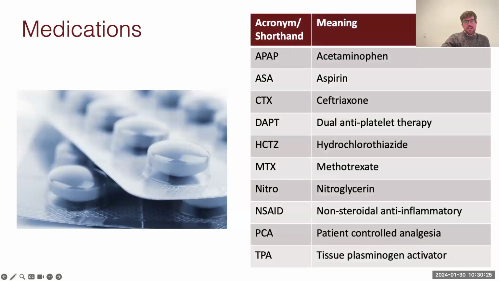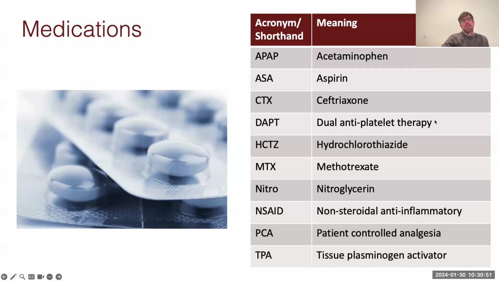I would say these are less commonly used, but we sometimes will use shorthand for medications. I would say common ones that you'll see. So APAP is short for acetaminophen, which is Tylenol. ASA is short for aspirin. CTX is short for ceftriaxone, which is an antibiotic. DAPT is dual antiplatelet therapy.